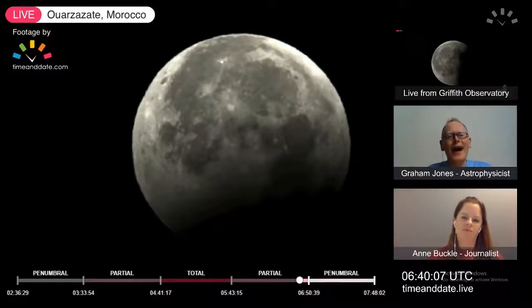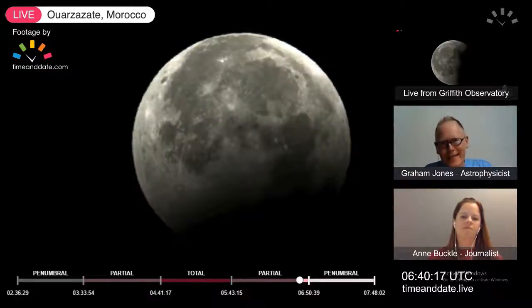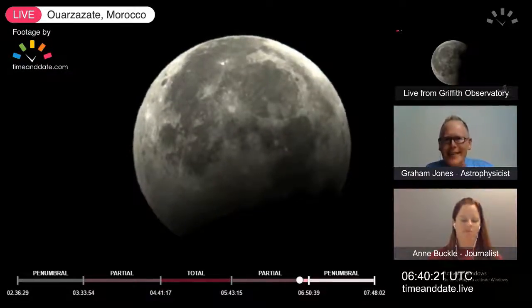So as we look up at the Earth, we would see it surrounded by this sort of red halo. And it is that red halo that gives the moon its red color. That's kind of acting like a sort of red lamp in the sky shining down on the moon.